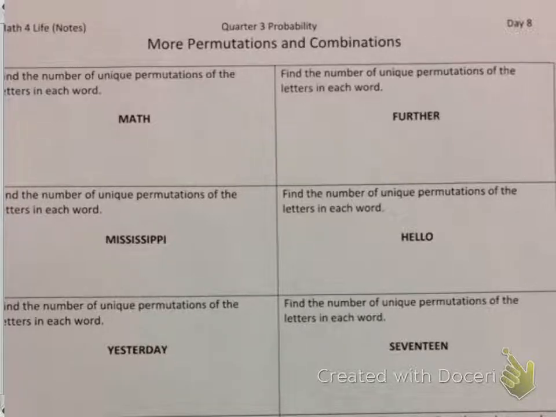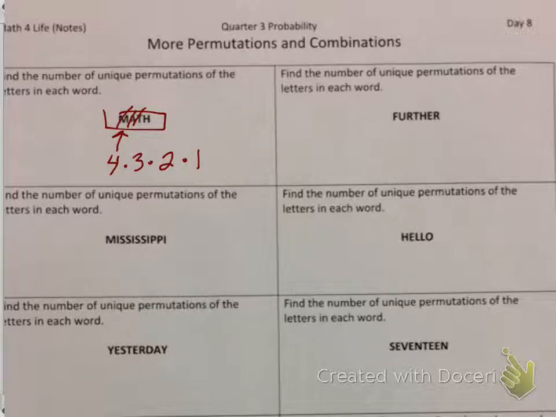I have 4 different letters in the word, which means in my first position I would have 4 letters to choose from. But after I use that first letter, I only have 3 letters left to choose from. Then I would have 2 letters to choose from. And then very last of all, I would only have 1 letter left to choose from.